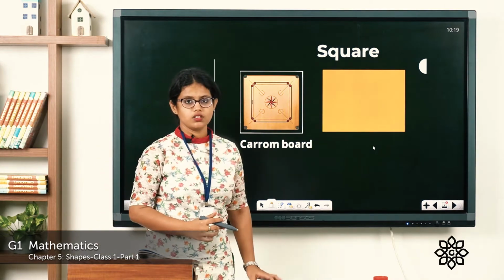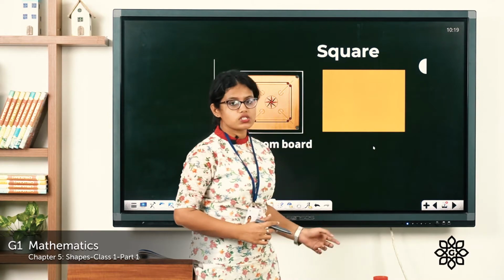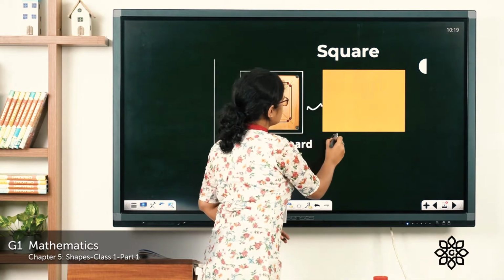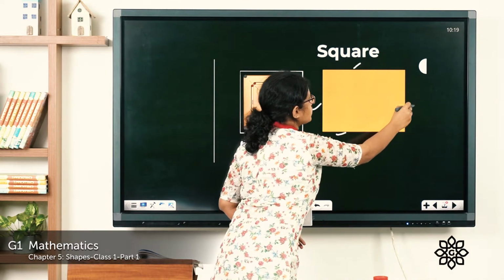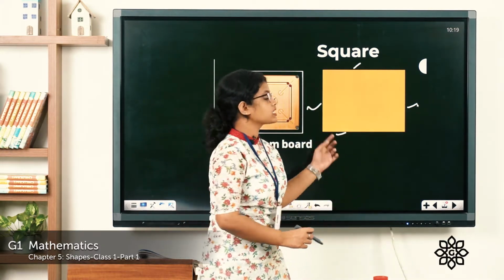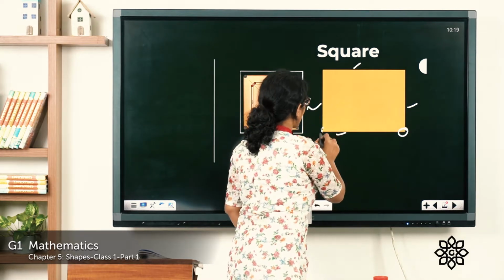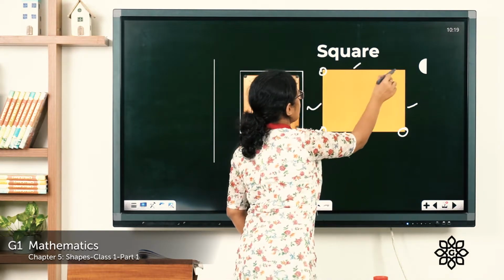So the first one, you know which shape this is? This shape has four sides. 1, 2, 3, 4. Right, it has four sides and it has four corners. You know which are the corners? These are the corners. 1, 2, 3, 4.